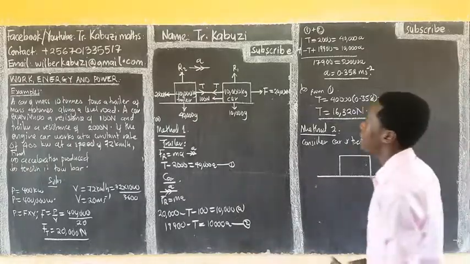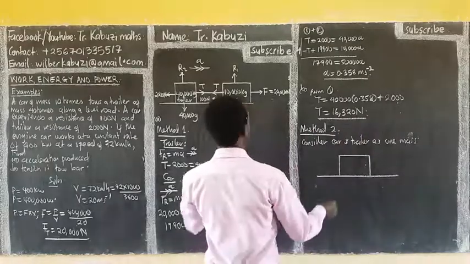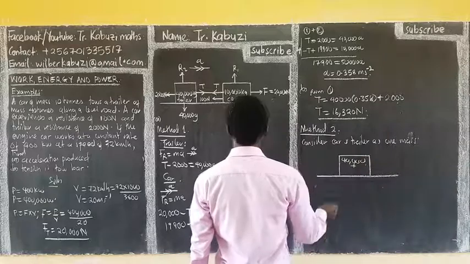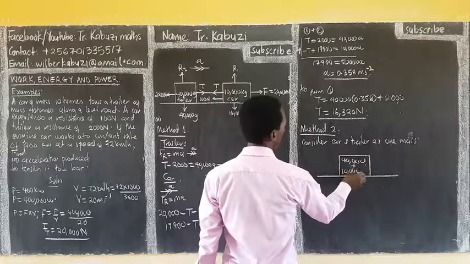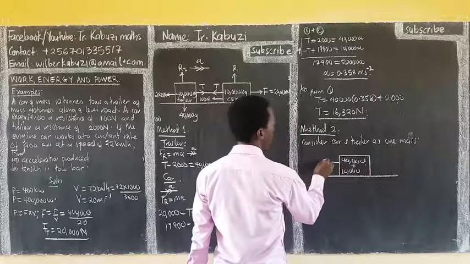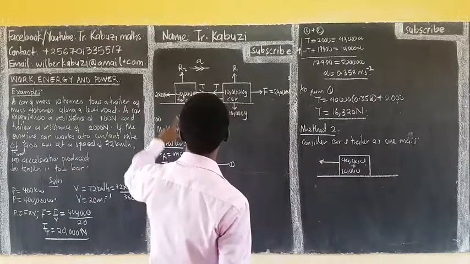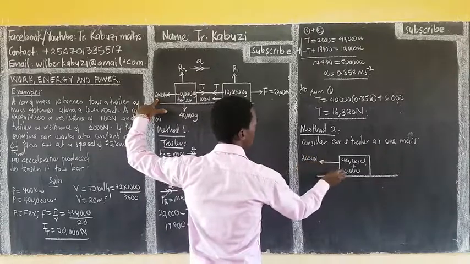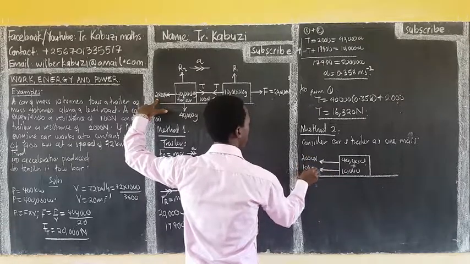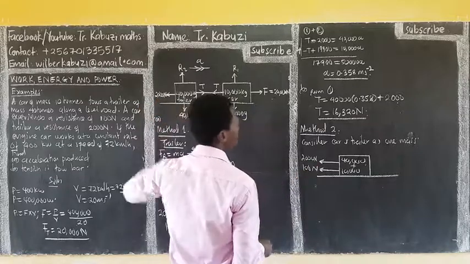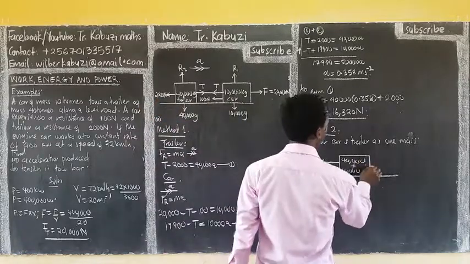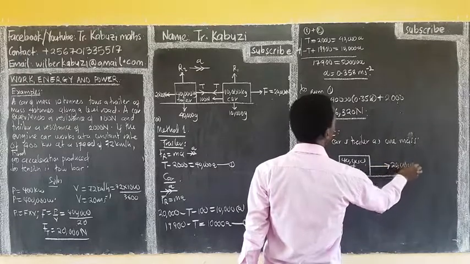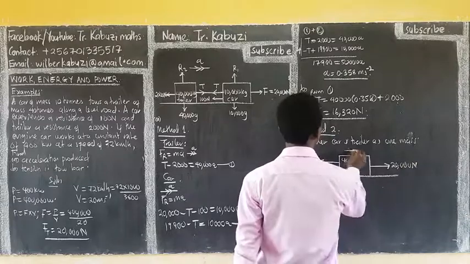If you consider it as one mass, we shall get the 40,000, then plus the 10,000. Now the opposition we are going to be having is 2,000 newtons and also 1,000 newtons on this and this. And then we are going to be having a force which is driving, 20,000 newtons, in this direction, of course.